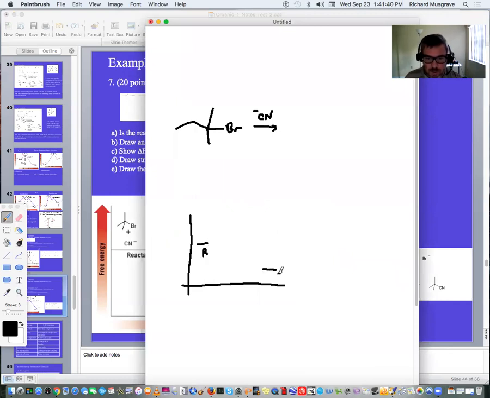So we'll have our reactants, we'll have our products. It's exothermic, that's why I've put the reactants above the products. And there's my energy diagram for the SN1.